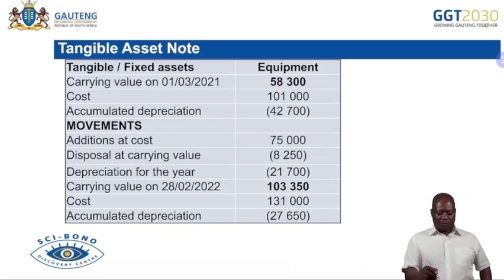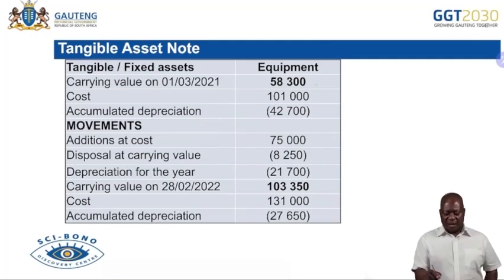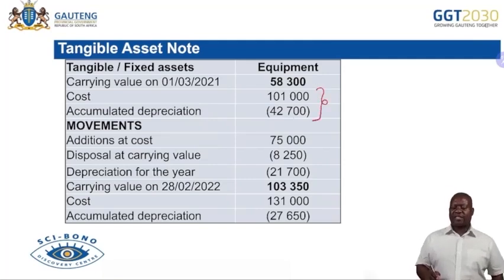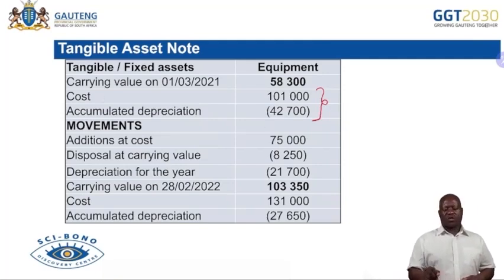Please take note, we are starting from here. The information that we have been given in the pre-adjustment trial balance is here. Remember, we were given the cost of our equipment as 101,000. It's given, so we just took it where it is.